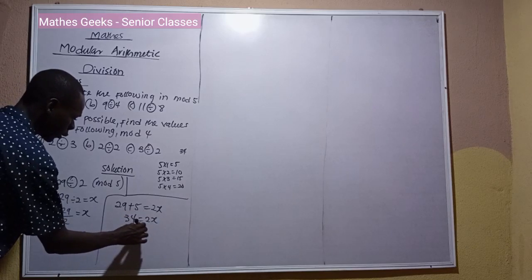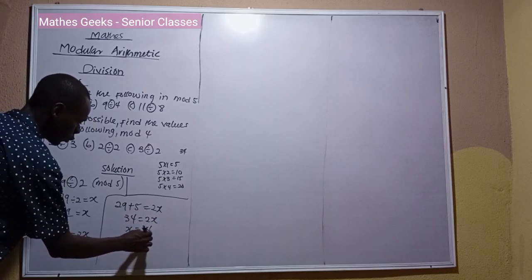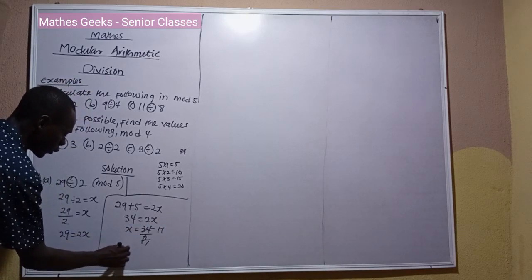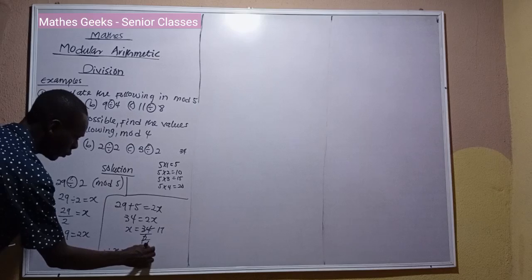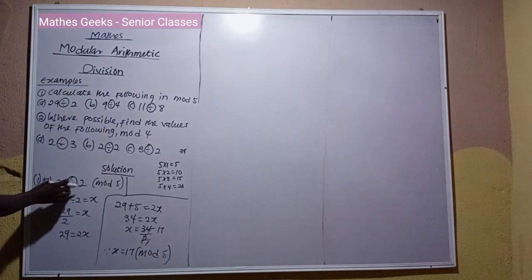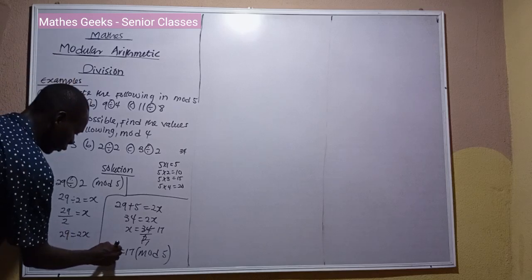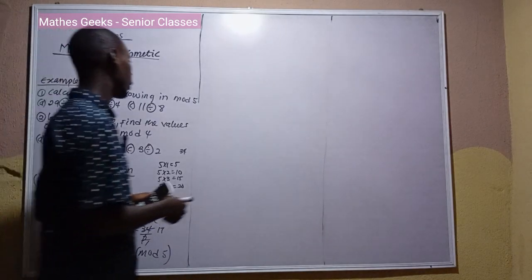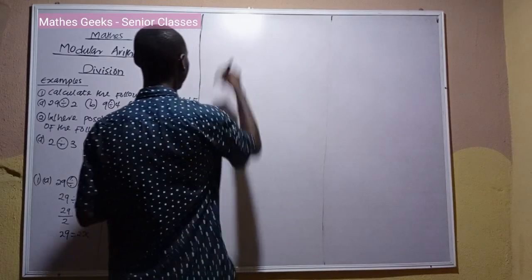And x equals 34 over 2. We want to get 17. Therefore, x equals 17 in mod 5. So what that means is that 29 divided by 2 is 17 in mod 5. Number 2, which is B.